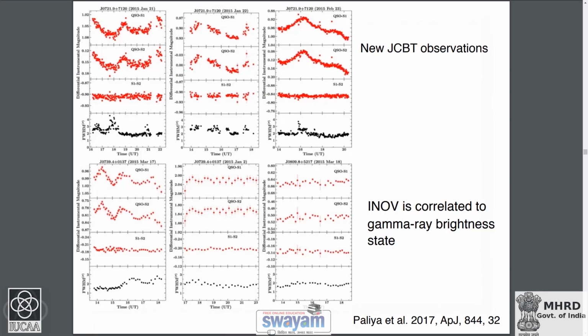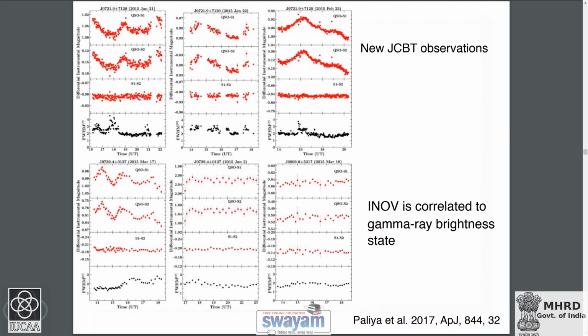Now, we will move on to the next application of timing. What is shown here is the brightness variations shown by a source within a night, say within 4 or 5 hours of observations. Here in each plot you see 3 panels. I will explain what these 3 panels are.